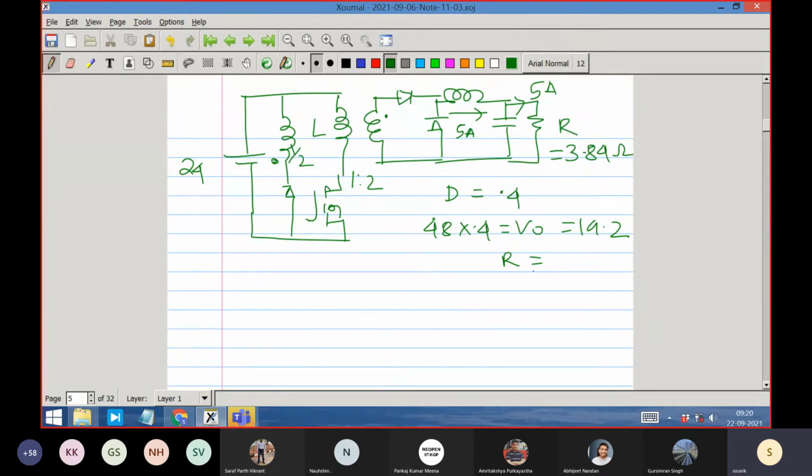So 20% ripple means 5 into 0.2 is the ripple, so that is 1 ampere. So plus minus, this is 5.5 ampere and this point is 4.5 ampere. So that is the on-state current.